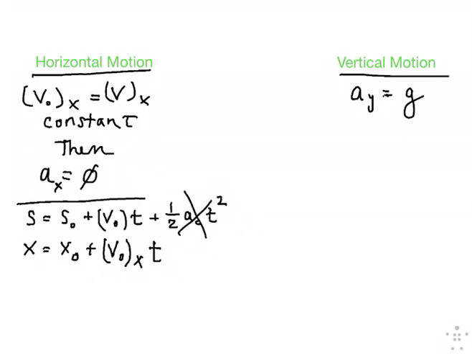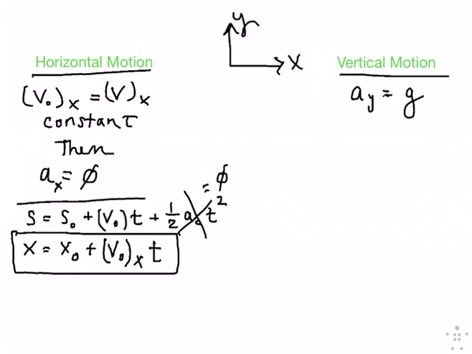And the acceleration term is 0 because we don't have any acceleration in the x direction. So this is our horizontal motion formula. Our final position in the x direction equals our initial position in the x direction plus our initial velocity in the x direction times time.